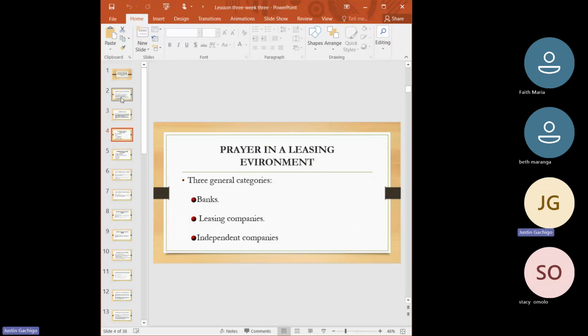Then we have the players in the lease environment. The first one is the bank, the second one is the leasing companies, and the other one is the independent company. These are the parties who participate actively in the leasing environment. For example, you can find the bank normally gives the lease.